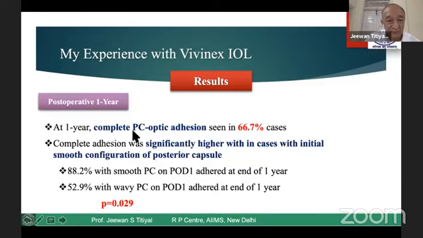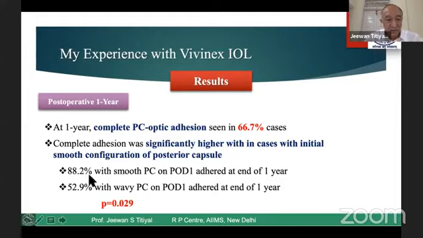At 1 year, in around 67% of cases we had a complete adhesion of the posterior capsule to the posterior surface of the IOL. Looking into their configuration, the smooth configuration was there in these cases. That means if you have a smooth configuration from day 1, the chances of adhesion of the capsule to the posterior surface are much higher.